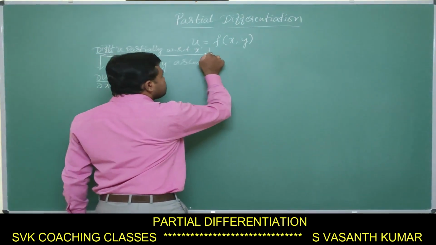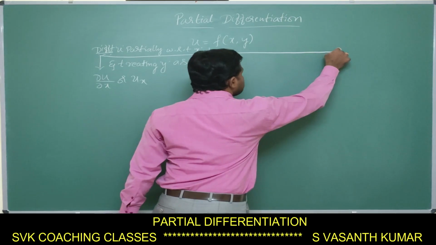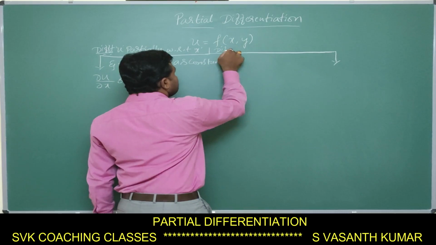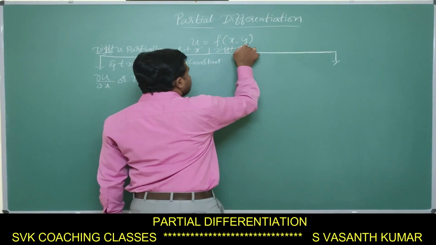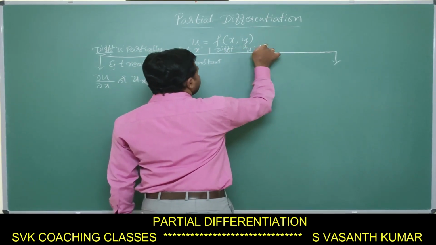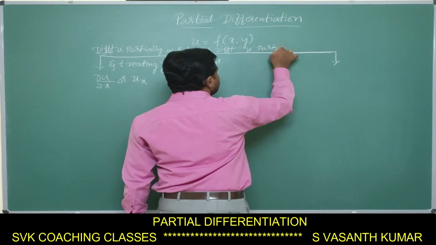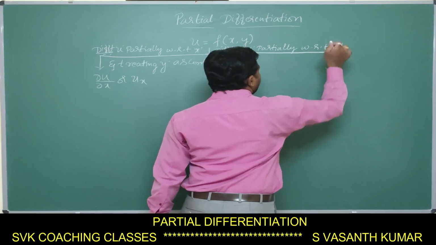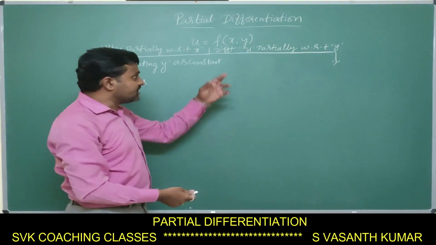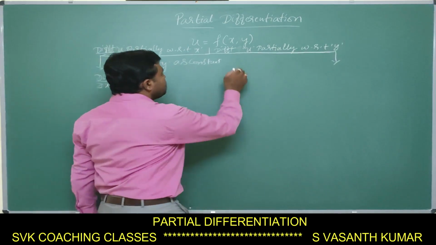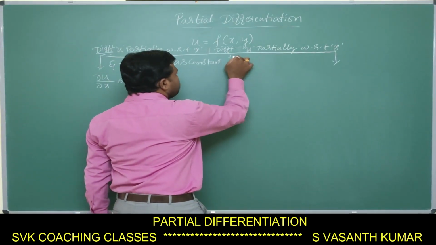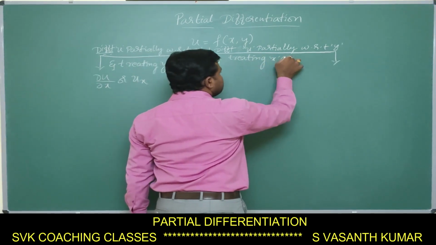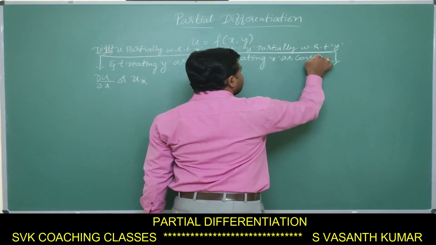Now similarly, let us see what you get if you differentiate u partially with respect to y. Differentiate u partially with respect to y, treating the remaining variable x as constant.